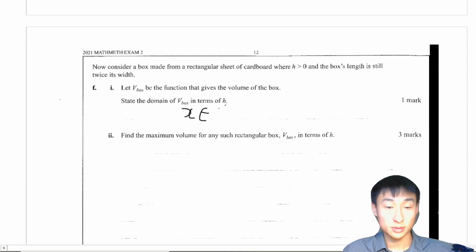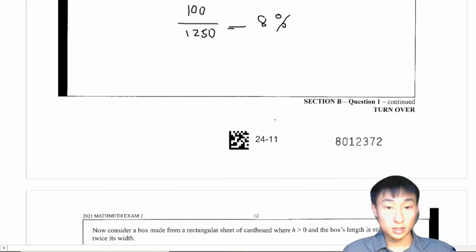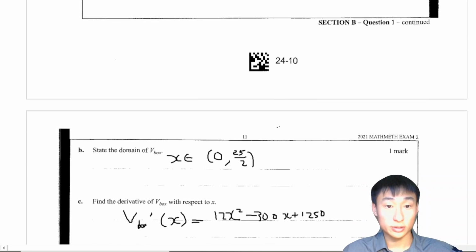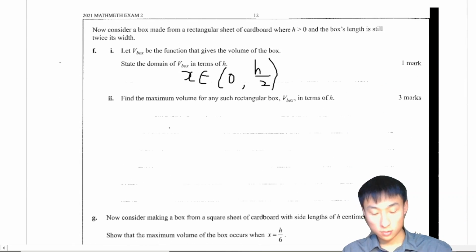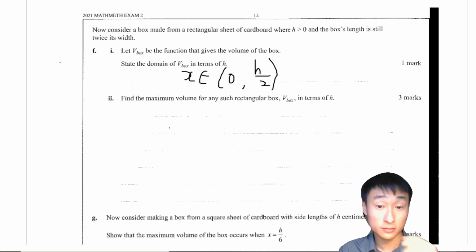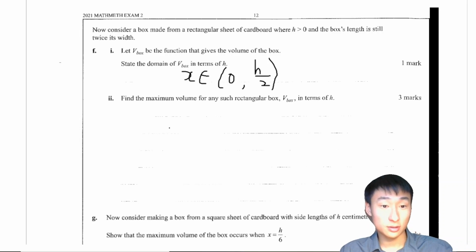So I'm just going to take the same domain, and it's just 0 < x < h over 2, because h is not 25 anymore, it's just h. Find the maximum volume for any such rectangular box V box in terms of h.